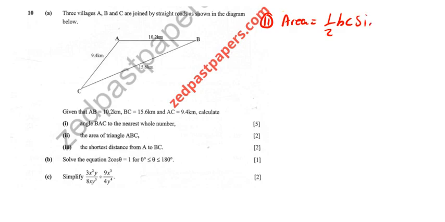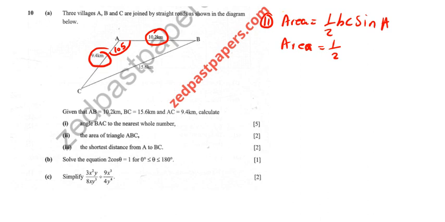Sine A. So you say area is equal to 1 over 2. Now you get this and that, and remember the angle I found is 105, like that.